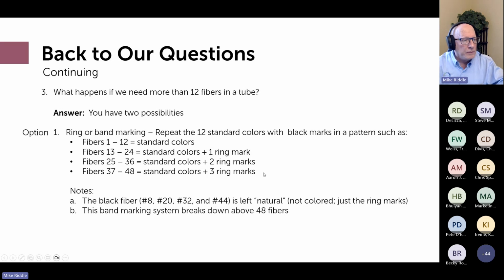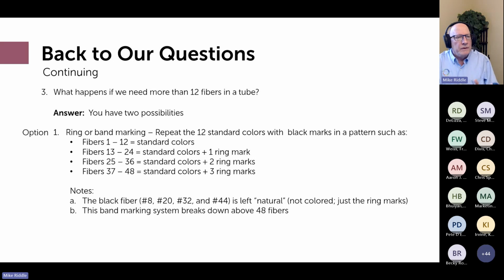Now, some of you will recognize that there is a black fiber amongst the 12 standard colors. Obviously, a black ring mark on a black fiber isn't going to work very well. In theory, what you could do is use a different color, but in the real world, that doesn't work well with the manufacturing process, because then you'd have to either have a second printer just to print yellow or white, something like that, or you'd have to flush out your printer to change the ink color, and it just doesn't work well.